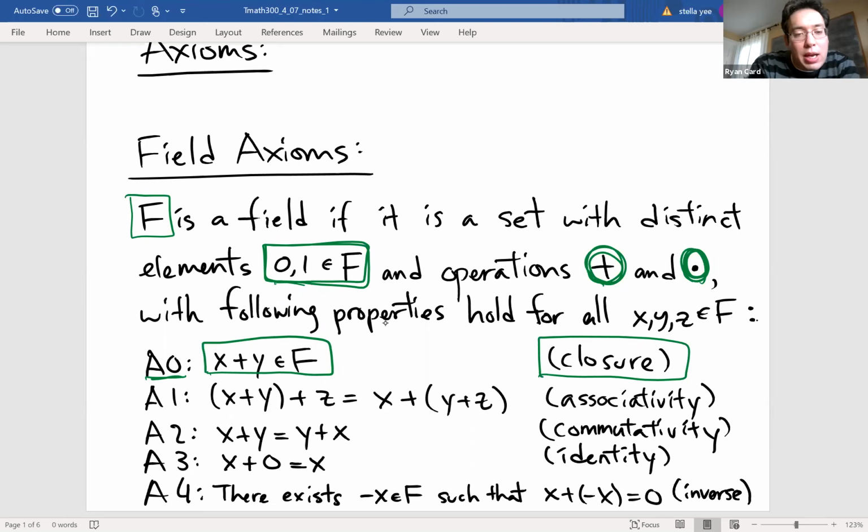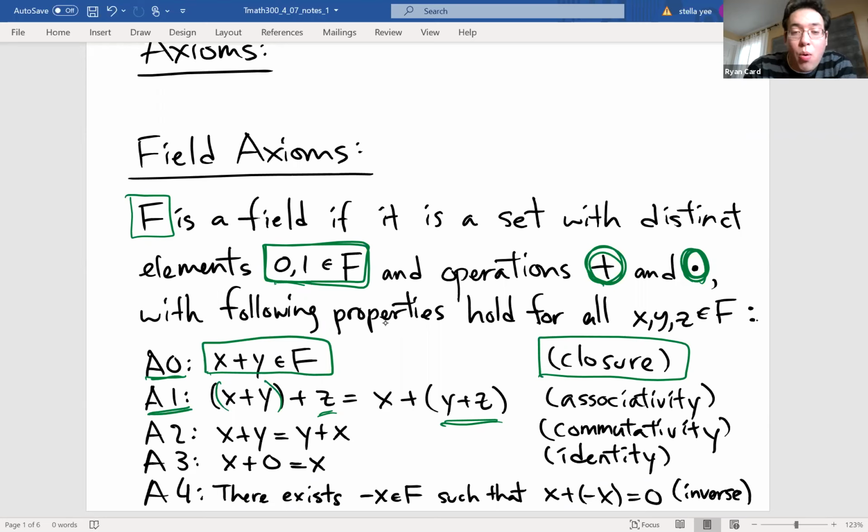And the next axiom is that if you're adding a few things together, so let's say x plus y and then plus z, the order in which you add things doesn't really matter. So you could do x plus y first, and then whatever that turns out to be, you add the z afterwards, or you could decide to add y plus z first, and then whatever that turns out to be, add it to x next.